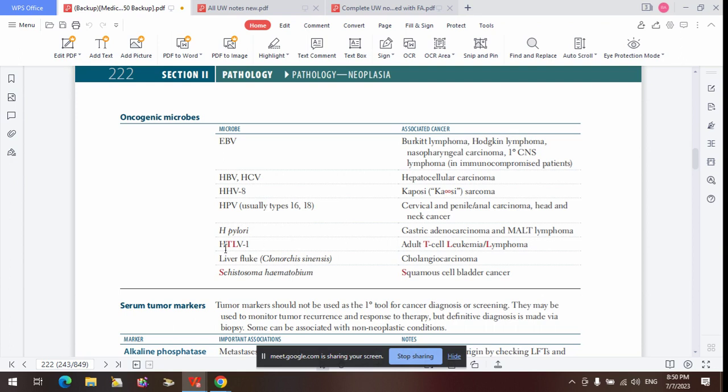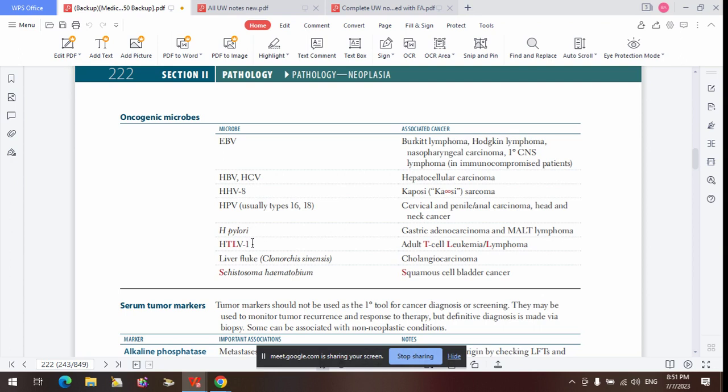Then another organism is H. pylori. I know you might find this one surprising, but H. pylori can cause cancer. We said that H. pylori can cause chronic atrophic gastritis of the stomach because it can evade the host response. So it can stay for a long time in the stomach, causing chronic inflammation.